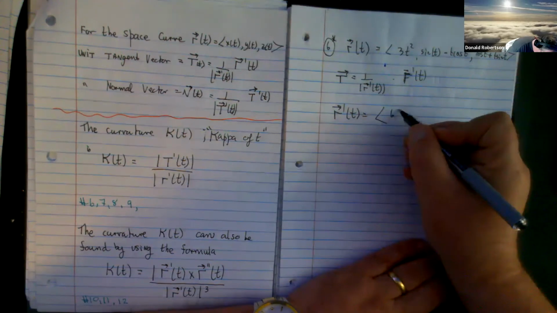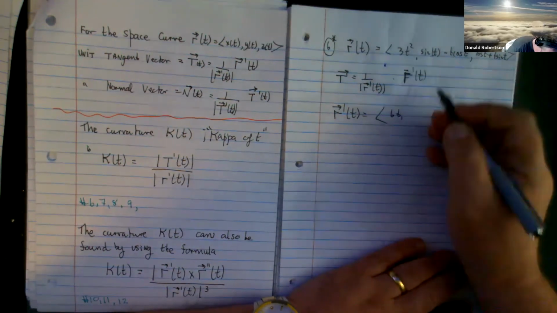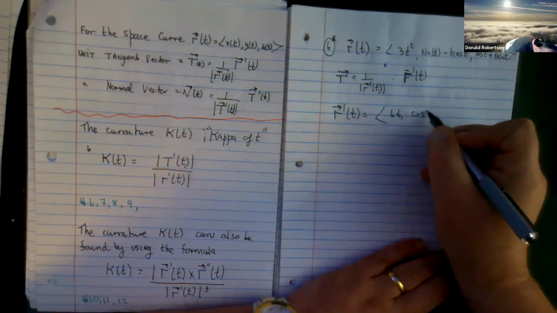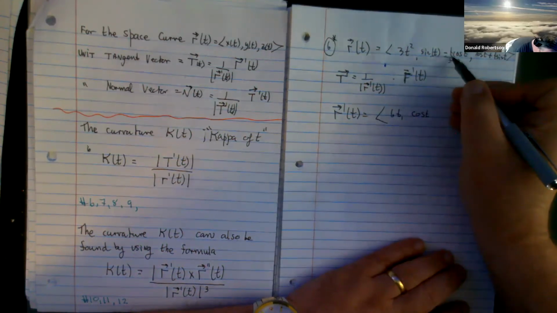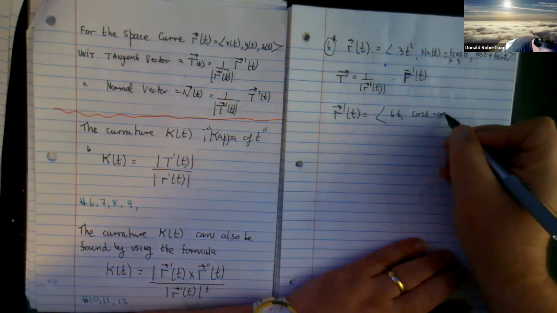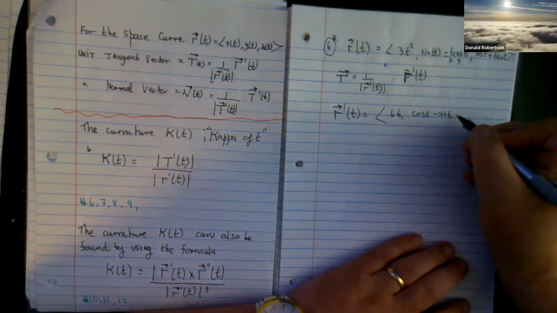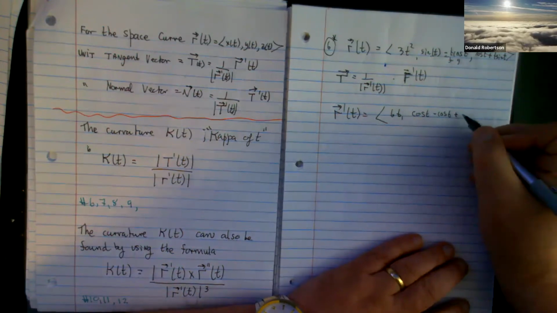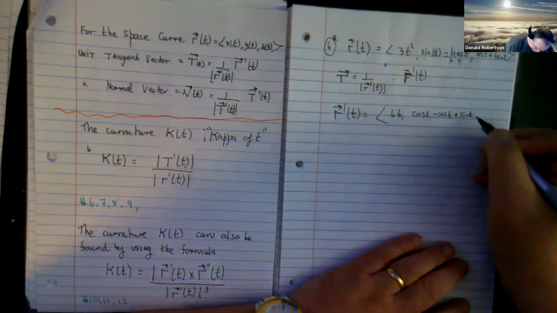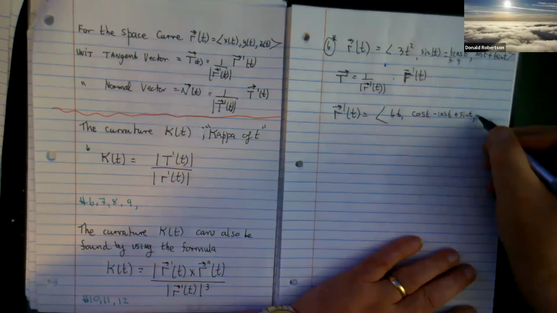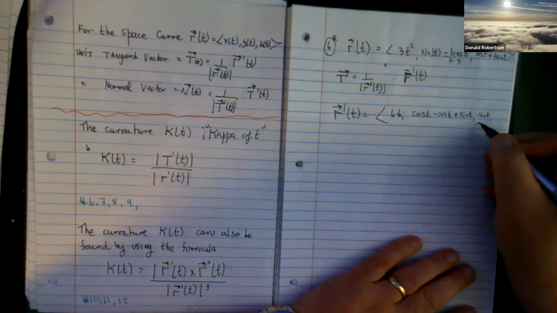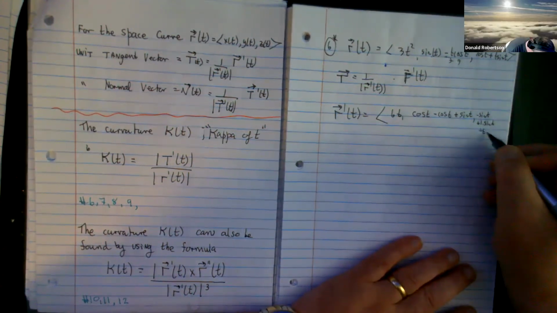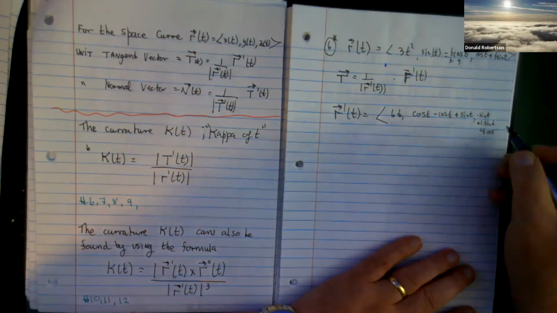Differentiate that guy, you get 6t. Differentiate this guy, you get cosine t. And this fella, you're going to have to do a little product rule. So trust me, negative cosine t, minus minus gets you a plus 1 times sine t. So you get that. And then you do this one and you get negative sine t. Then you differentiate this guy with the product rule and you get 1 times sine t plus t cosine t.